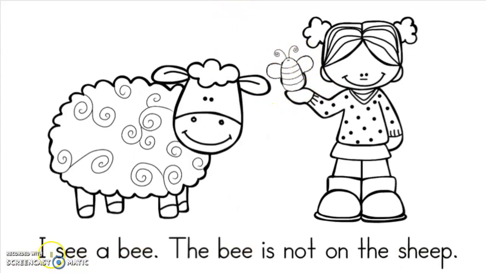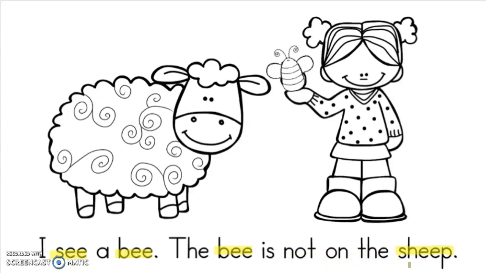The next page, let's go ahead and highlight all those words that have the EE vowel pair. And remember, we are seeing repeating words in the patterns in the sentences. So if you remember the repeated word, you don't have to sound it out. I see a bee. The bee is not on the, and right here we have the SH.